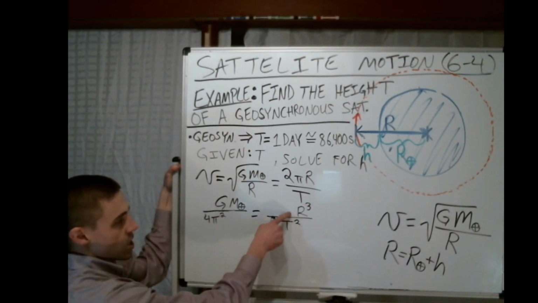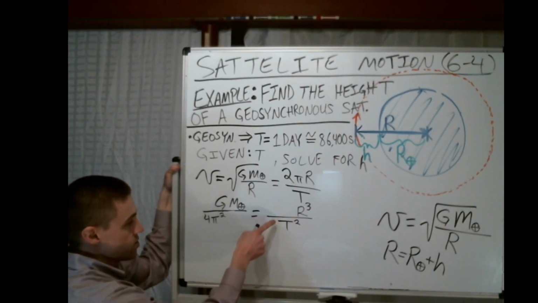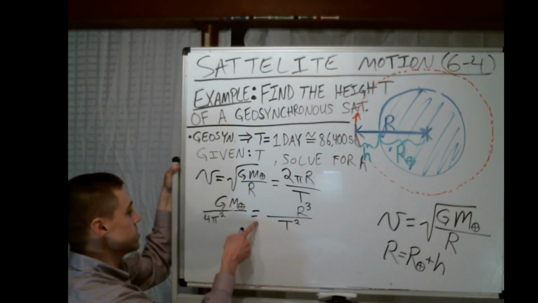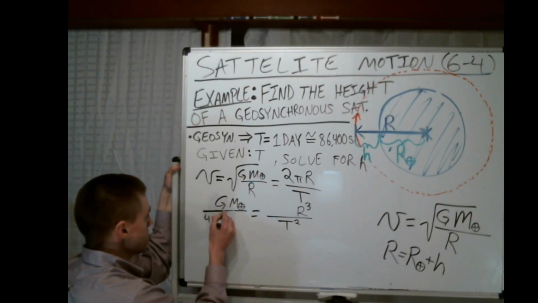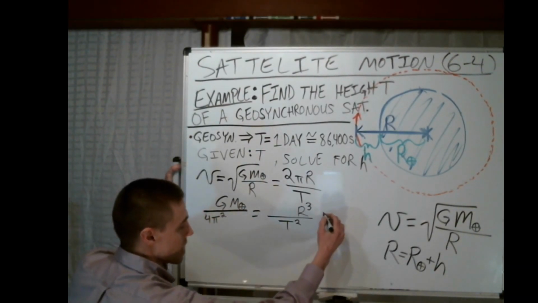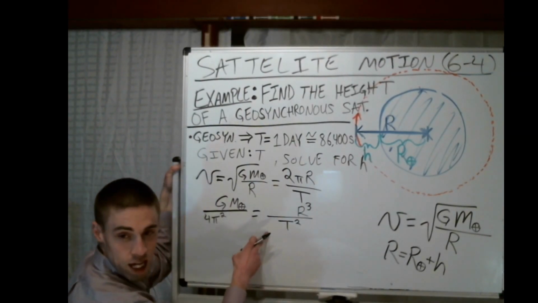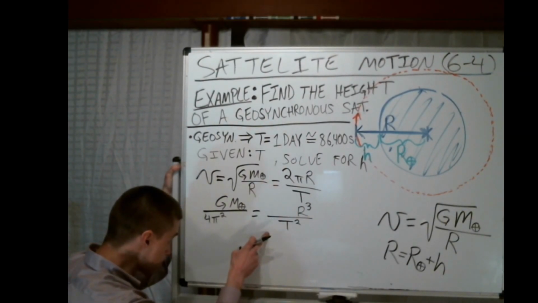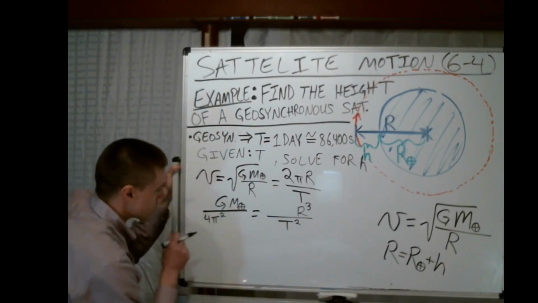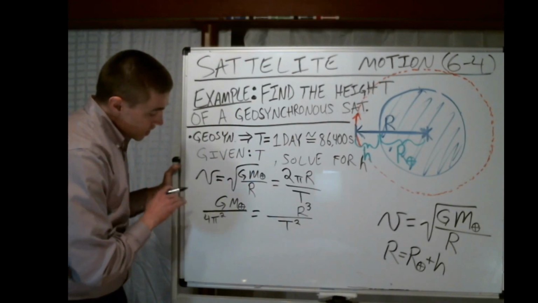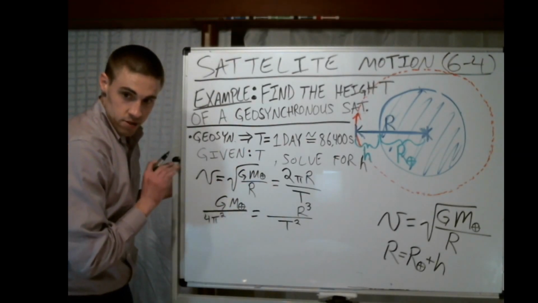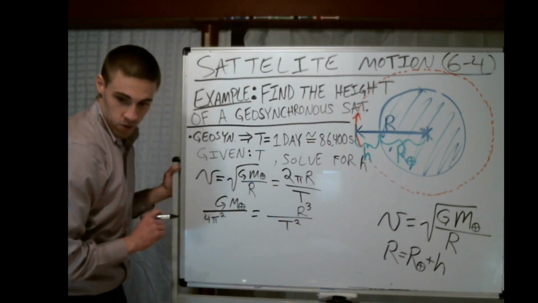Note the radius cubed divided by the period squared is equal to this value here, which is a constant. We'll come back to this in a minute. It's called Kepler's third law. Kepler's third law actually holds in the case of elliptical orbits as well, not just circular orbits. So that's interesting.